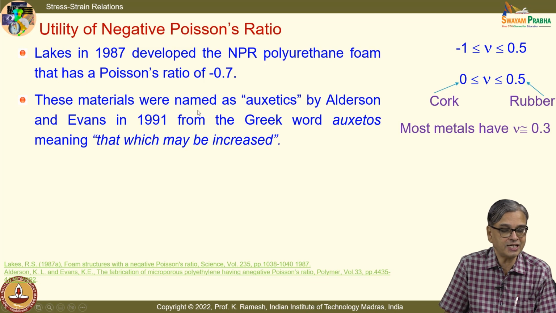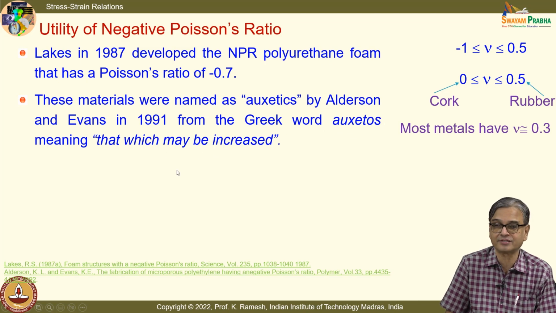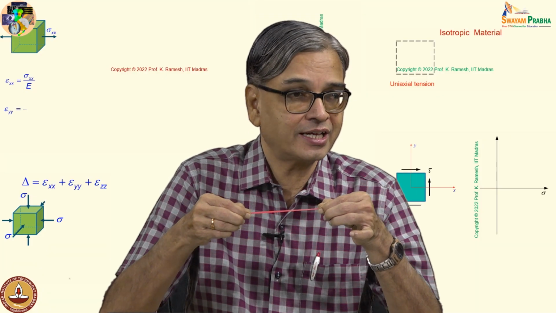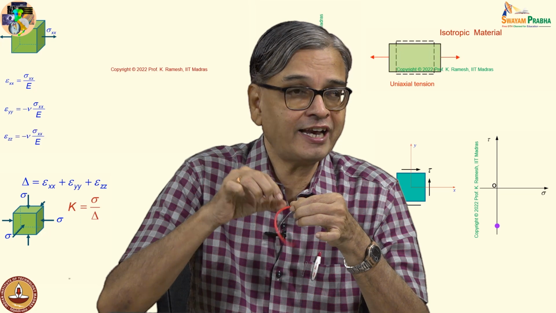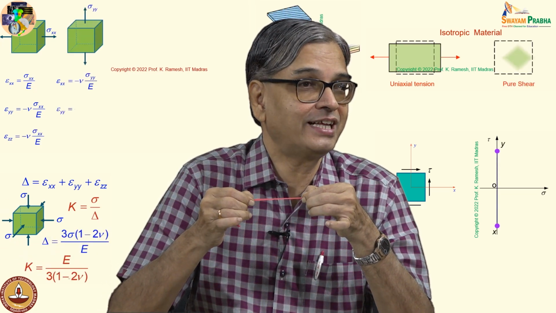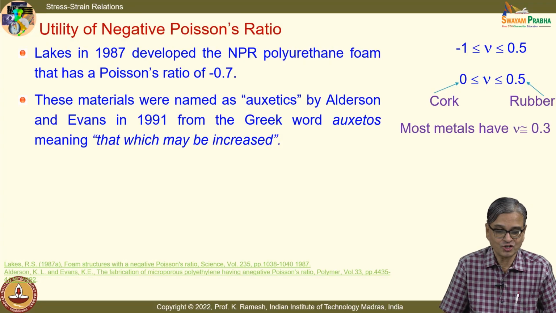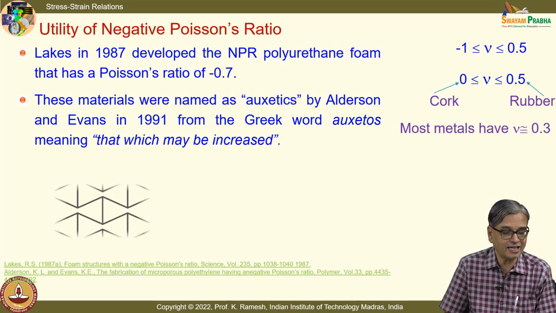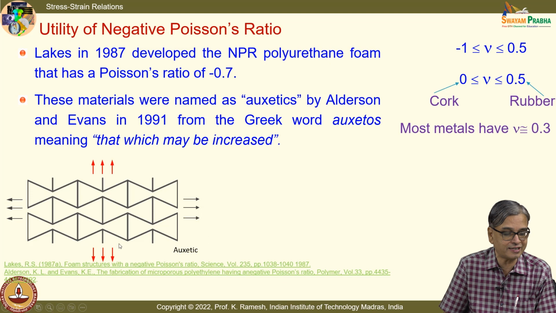And such materials were named auxetics. That comes from the Greek word auxetos, meaning that which may be increased. So that means when I stretch it, instead of laterally contracting, it should bulge out. You get the idea? So that is achieved by a different structure of the material.